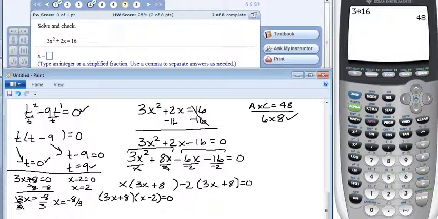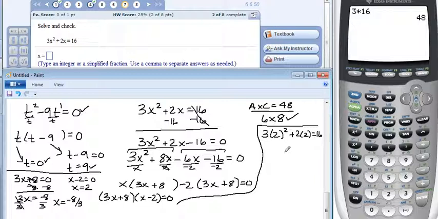All right, so how do we check that? Well, we could check it by hand. Let's just try the 2 because it's easier. I'll go over here. Got to get rid of all this. Wherever I see an x, I put a 2 in there, in the original: 3 times 2 squared plus 2 times 2, and this is supposed to equal 16.